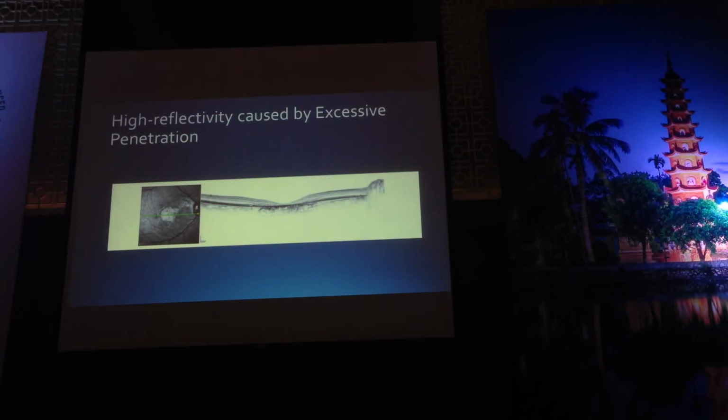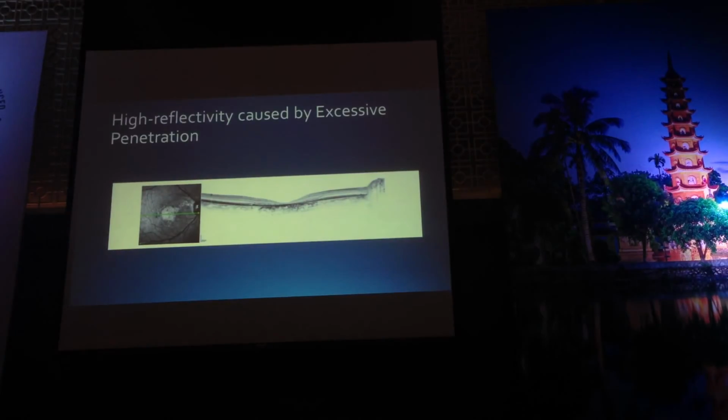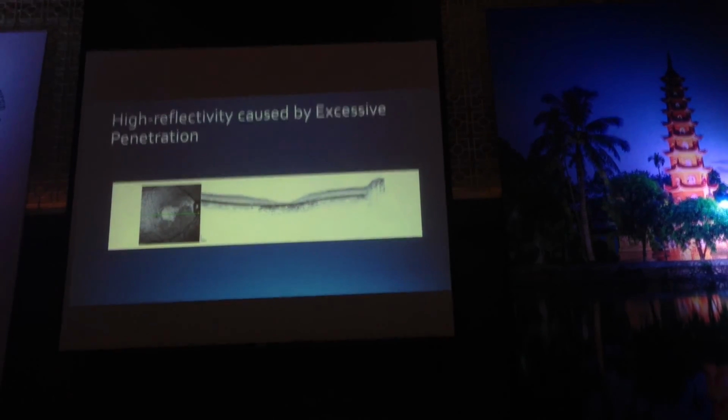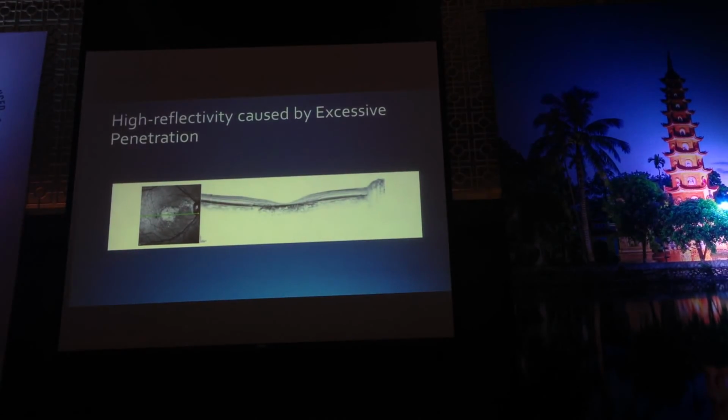When you get excessive penetration of the light, you can have high reflectivity. Here's high reflectivity from geographic atrophy. Here you lost the RPE and photoreceptors, and the choroidal vessels and the sclera you can visualize more sharply.